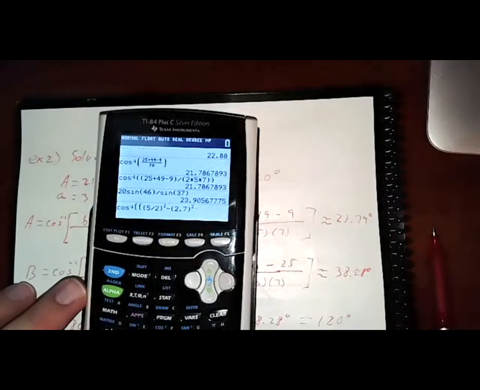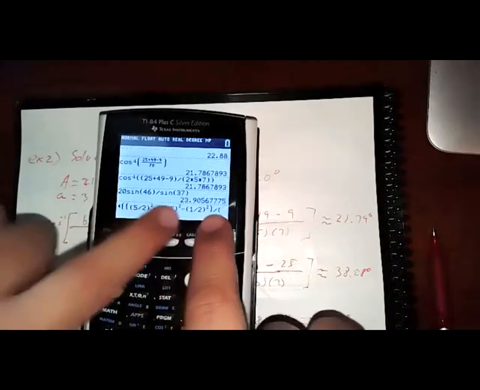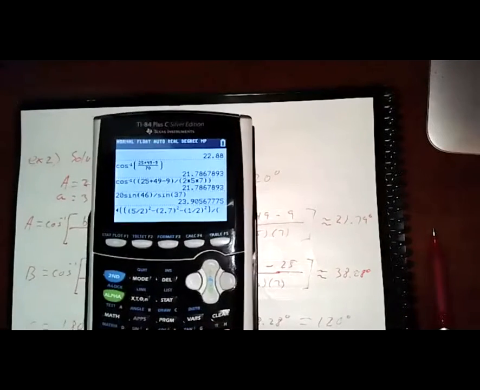And then minus, we had 1/2 earlier, so we'd put that as 1 divided by 2 squared. Then you close that off and divide again, creating a new set of parentheses. So you see how you have to put it on every single fraction or value. That way you won't make a mistake.